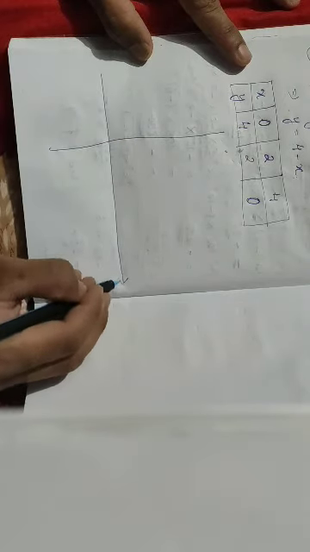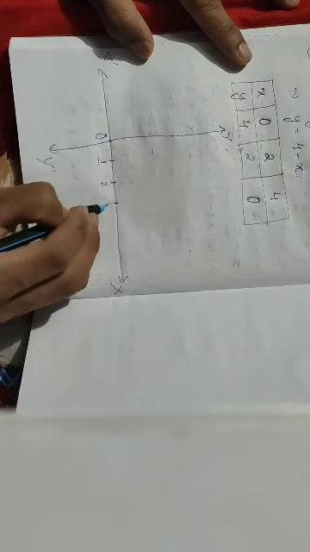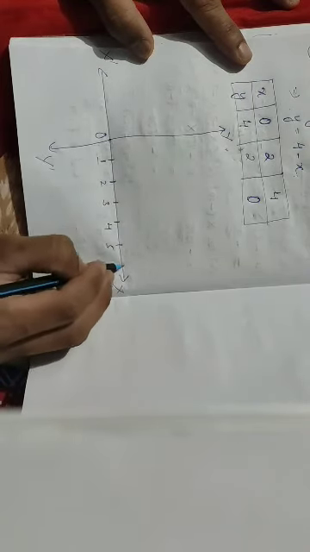Then you will draw a graph. I am drawing here. This is the positive side of x, this is the origin, this is x dash. This is y, o, y dash. So this will be 0, then 1 2 3 4 5 6.